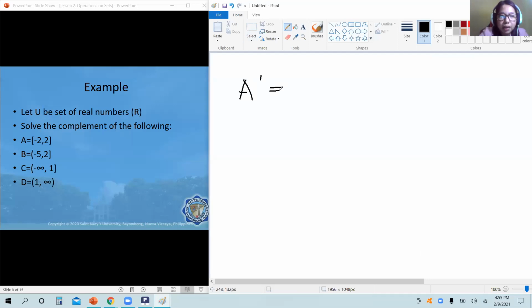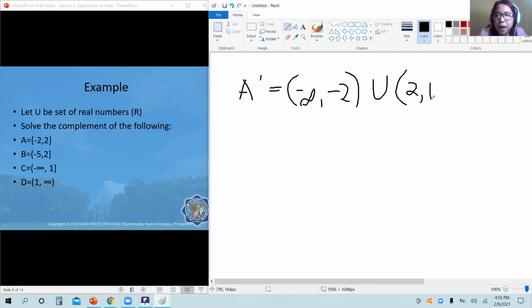So it will be from negative infinity to negative 2, union, on the other side of our number line, just in case we use a number line, since 2 is included in the set, I'll use open parentheses, the round parentheses, 2 to positive infinity. So this is the complement.